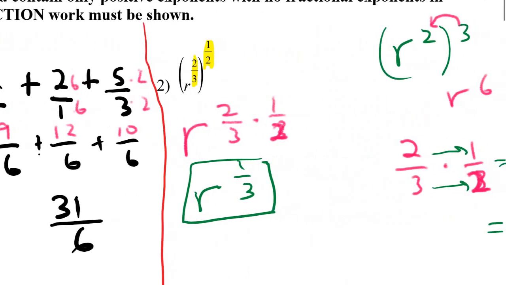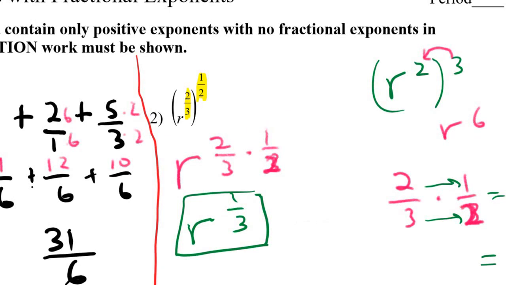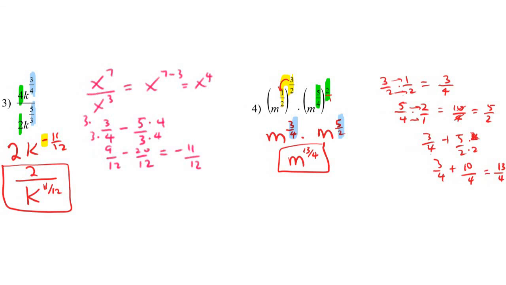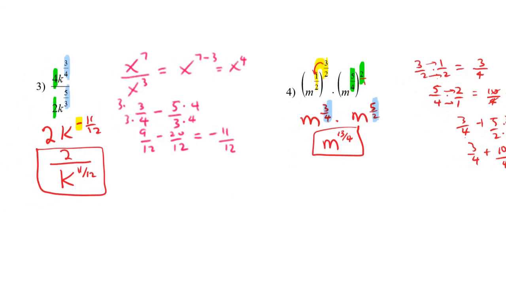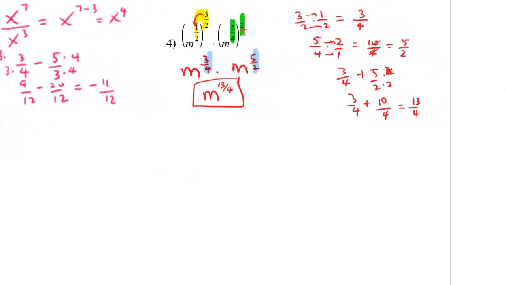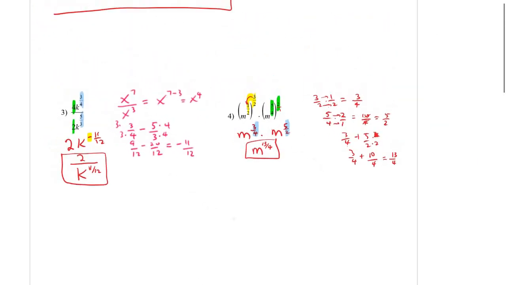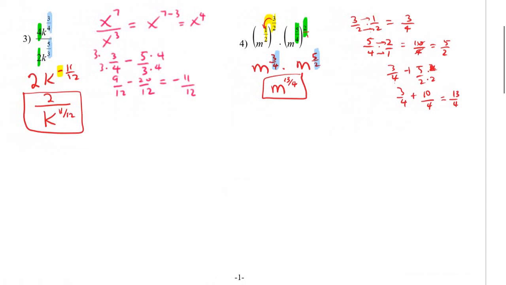If you're using the power property, you just multiply. And if it's a division, you will subtract the fractions, and basically it's just a bunch of fraction manipulation. I hope that this helps you a little bit. Thanks for watching.